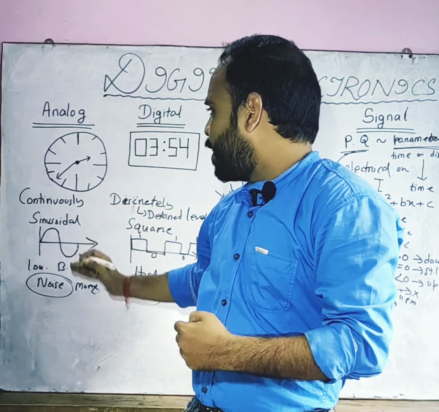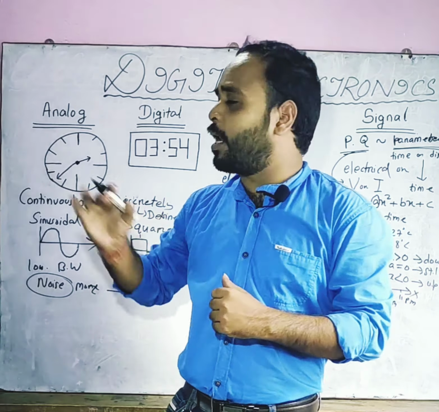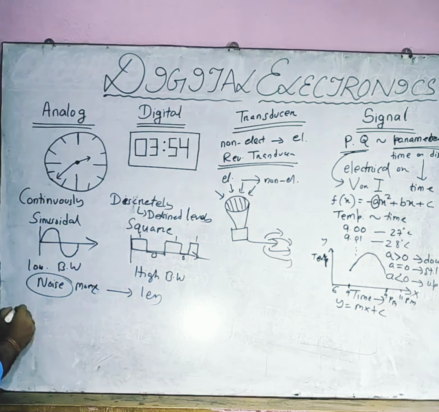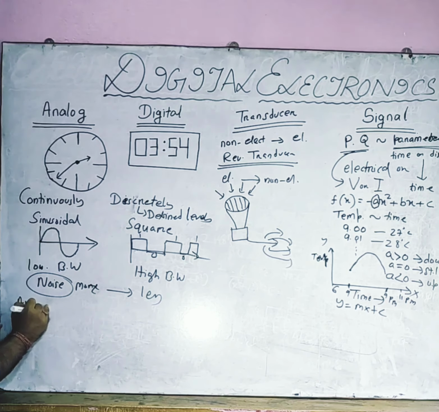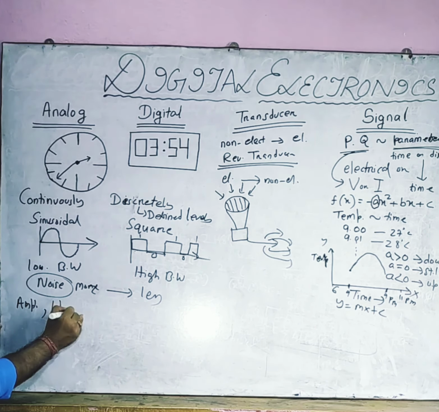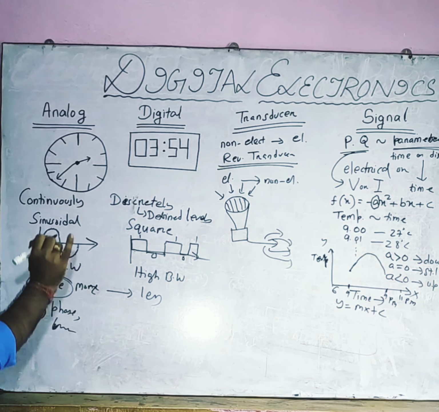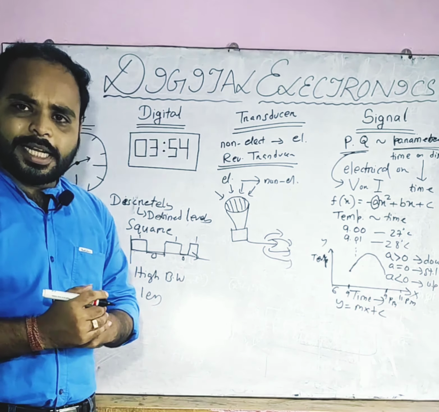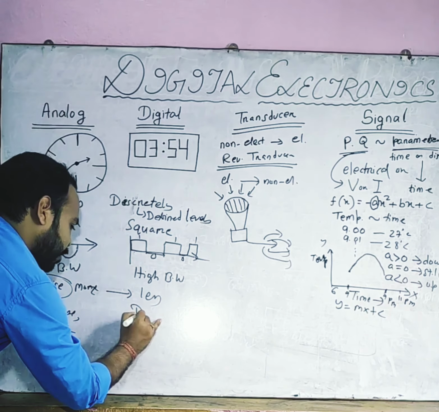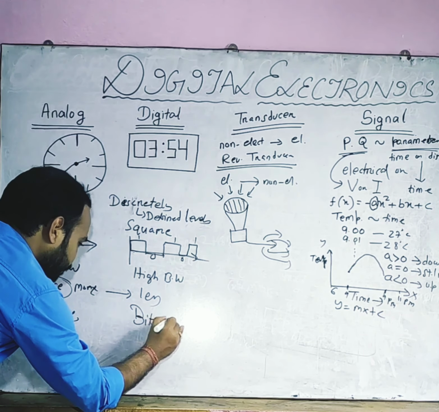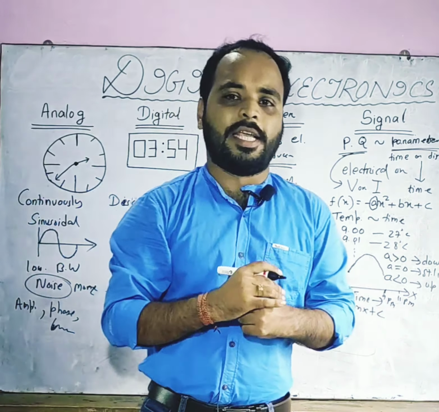Now, the parameters of an analog signal are amplitude, phase, frequency, etc. But for digital signals, the parameters are bit rate, bit interval, etc.